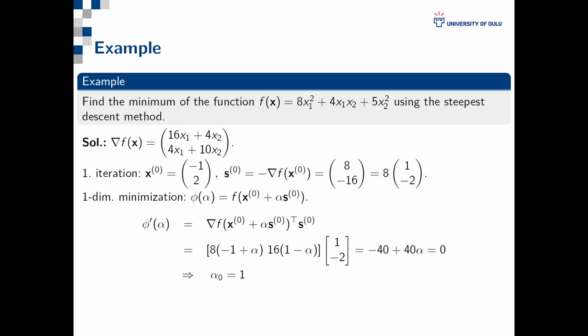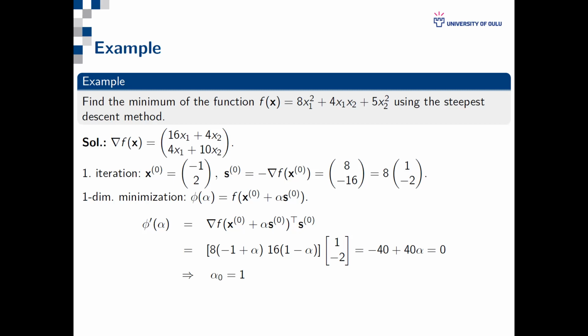We can also compute the second derivative, the Hessian matrix, which has the same elements as in the gradient here: 16 on the first diagonal, then on the second diagonal, and 4s on the off diagonals.